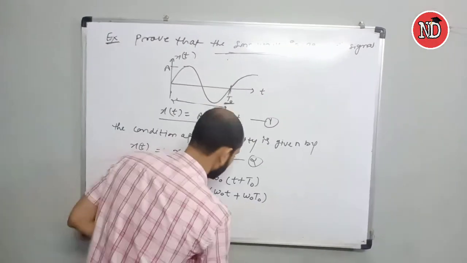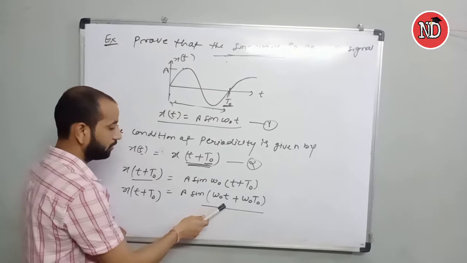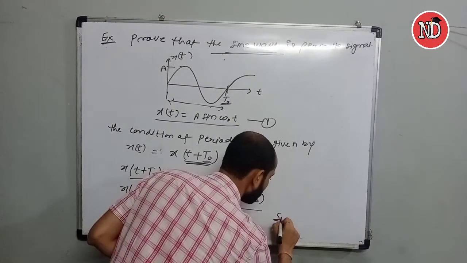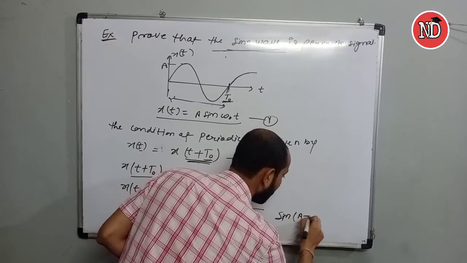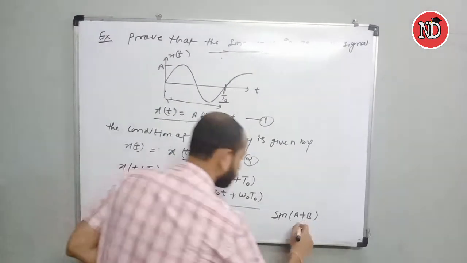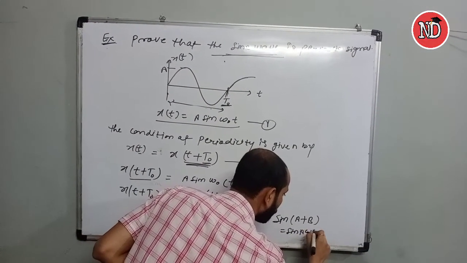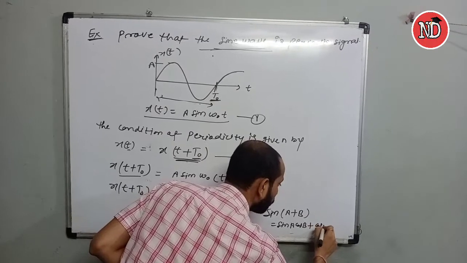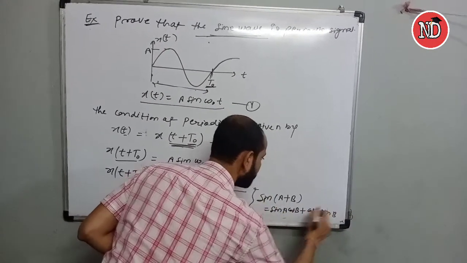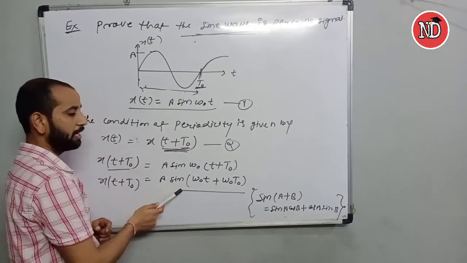Okay, see this equation. The equation is like sine of A plus B, so it is equals to sine A cos B plus cos A sine B. So this is the formula. So apply this formula in this equation.